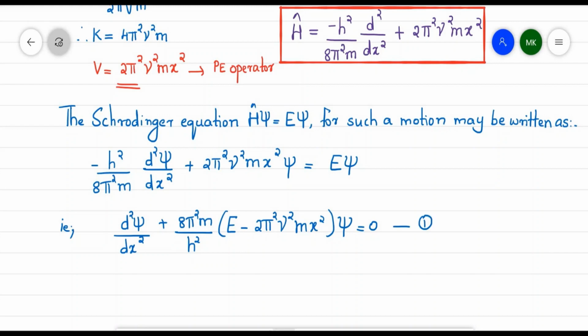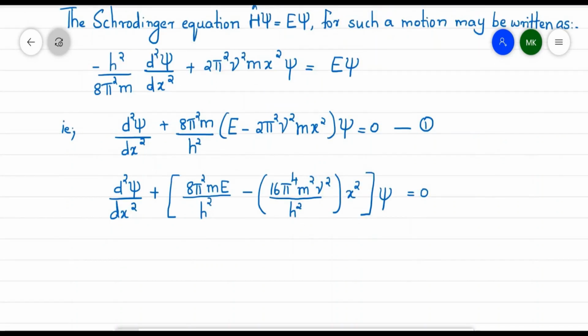Let this be equation 1. Now this can also be written as d square psi by dx square plus 8 pi square m E by h square minus 16 pi raised to 4 m square nu square by h square into x square, the whole into psi equals 0. Let this be equation 2.